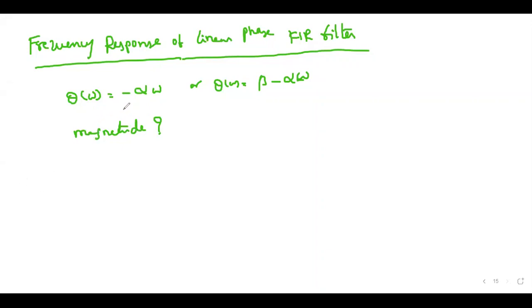In the previous characteristics, we found 4 cases, and that one is n odd, h of n symmetric, and n even, h of n antisymmetric. I will write it in a different way.